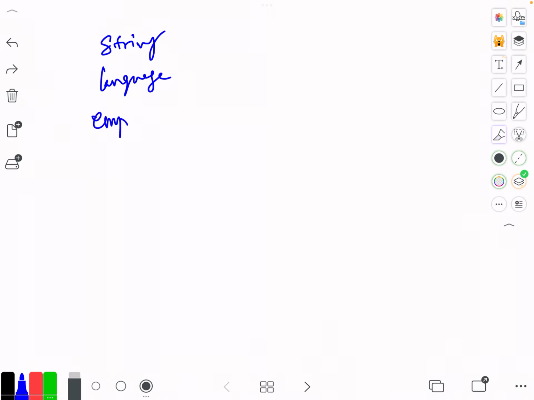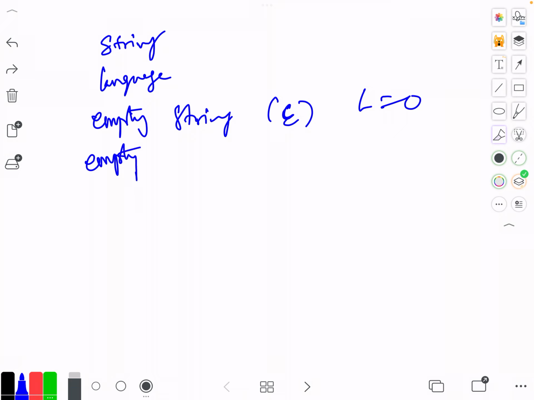We'll call it an epsilon value, so its length is 0. This is the empty string. What is an empty language? Similarly, sometimes you'll be seeing this, the empty set.